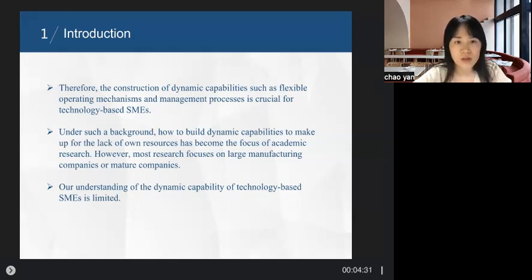However, most research focuses on large manufacturing companies or mature companies. Our understanding of dynamic capability of technology-based SMEs is limited.